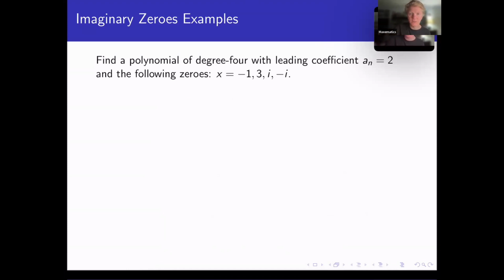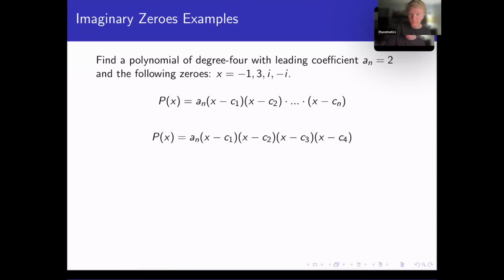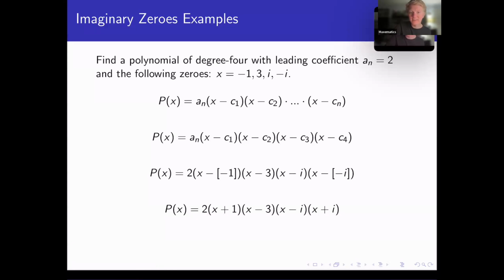So let's put that into here. Okay, well, polynomial is degree 4. Our leading coefficient is 2. Our first zero is -1, then 3, then i, then -i. Okay, let's simplify our negative negatives. And we get a perfectly factored polynomial.